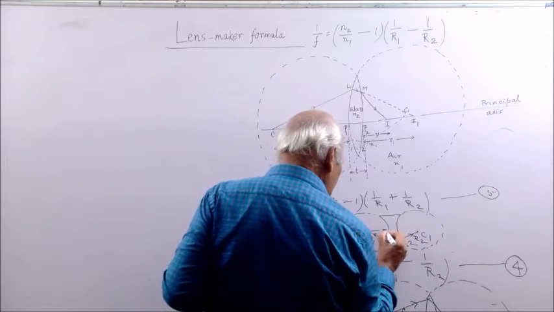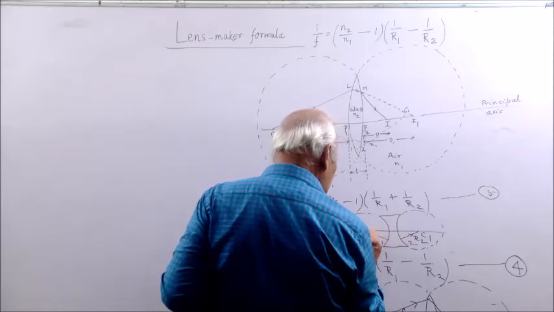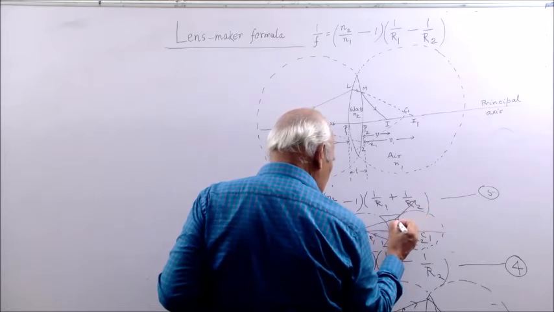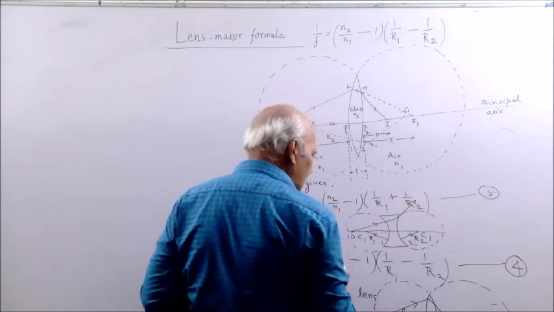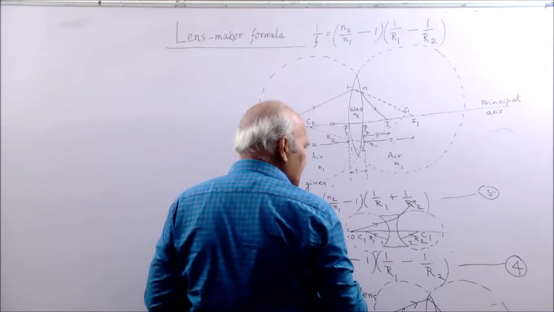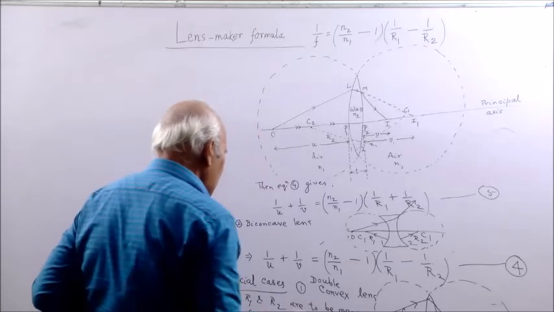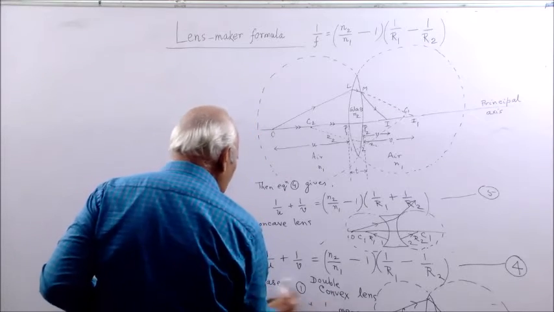You can see that the ray is from left to right. So R2 is along that direction. So R2 is positive and R1 is negative.